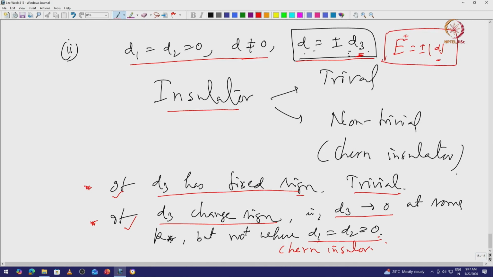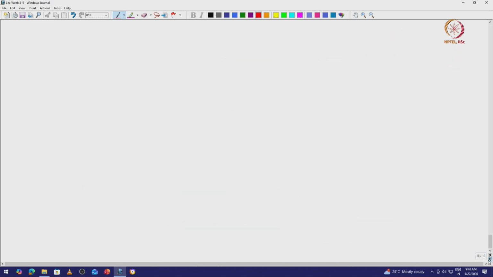So, it will be the gap created by this. But then again we will have two situations where d3 has a fixed sign or d3 changes sign. So, if d3 changes sign, we will have a Chern insulator. Okay, so, let us just put that into some figure.